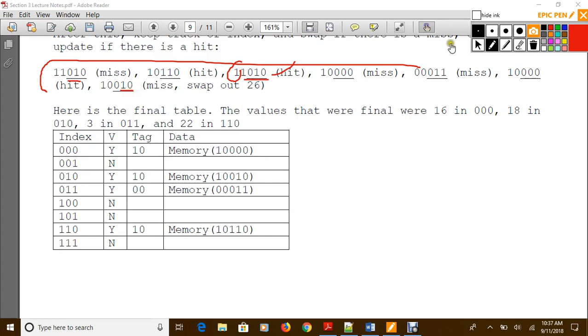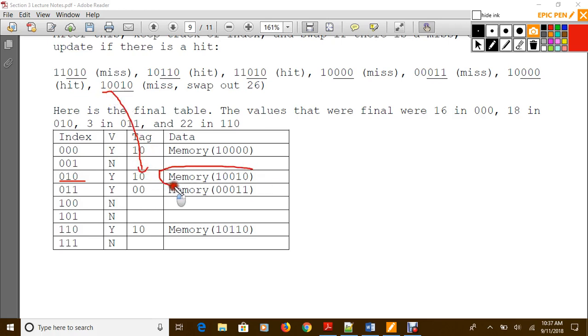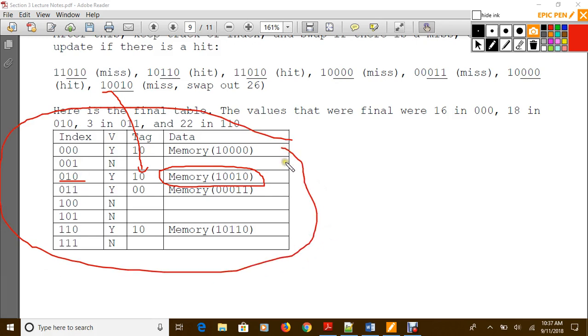So if we look at the actual final table, we have 0, 1, 0. The tag is here, so it's 18, and it contains whatever was in the 18th memory block in data memory. Does that make sense? Because this is the faster level cache that we're swapping out of data memory.